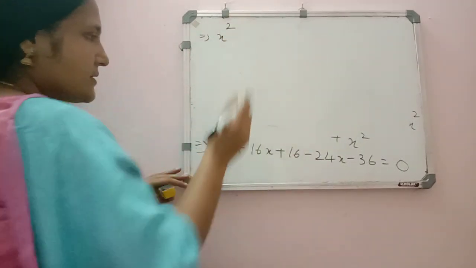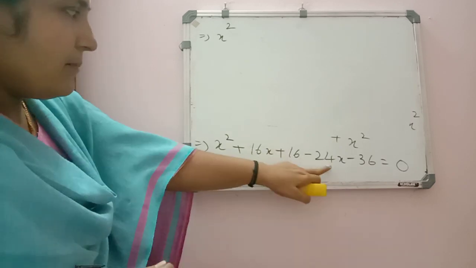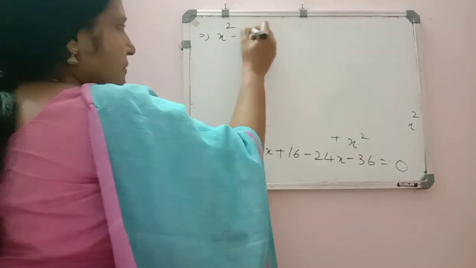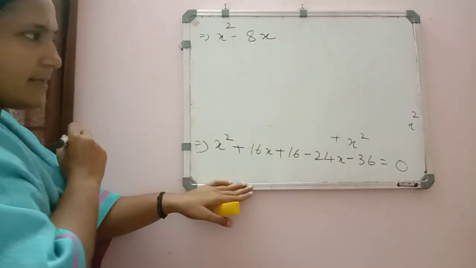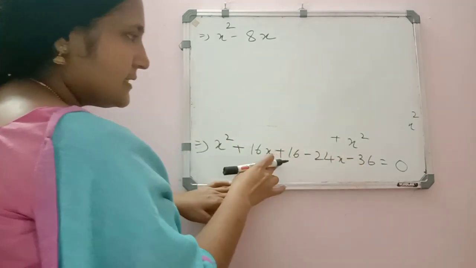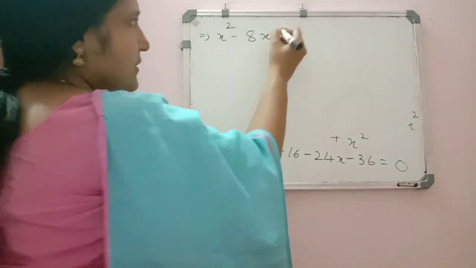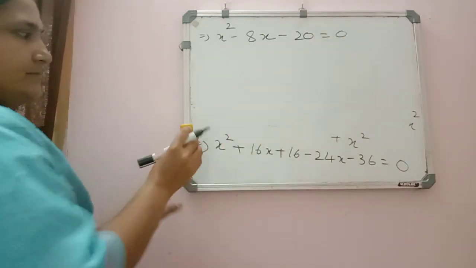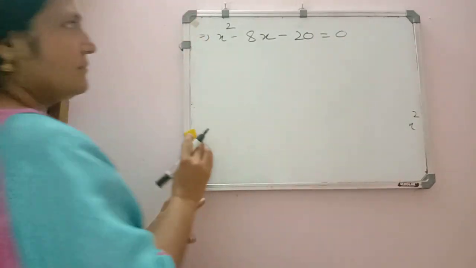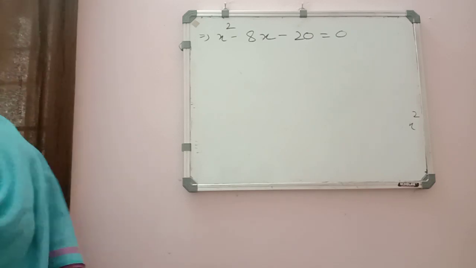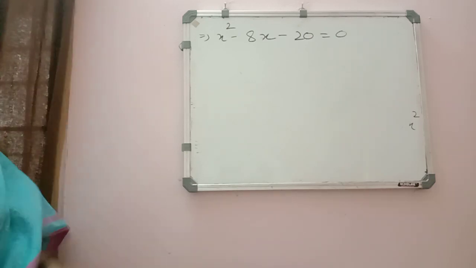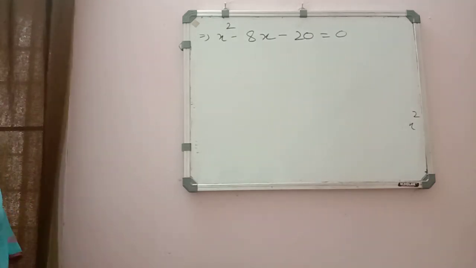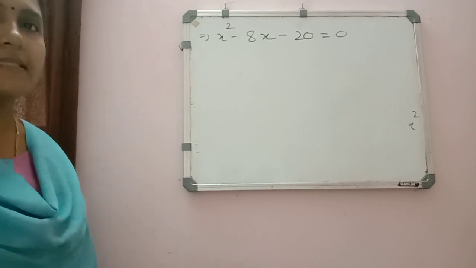So it will become x square, 16 minus 24 will be equal to minus 8x, and then minus 36 plus 16 will be equal to minus 20, equal to 0. Now you can solve the quadratic equation by any method, either the quadratic formula or the factorization method.